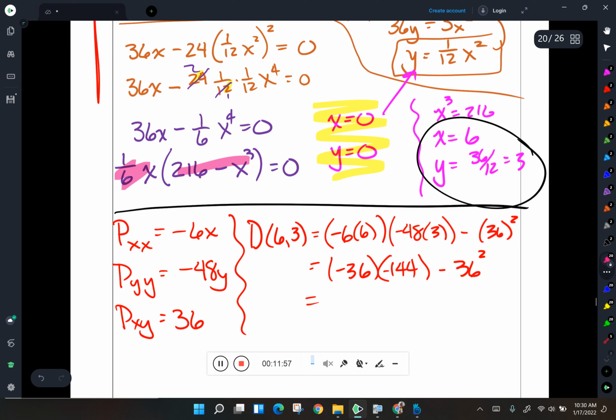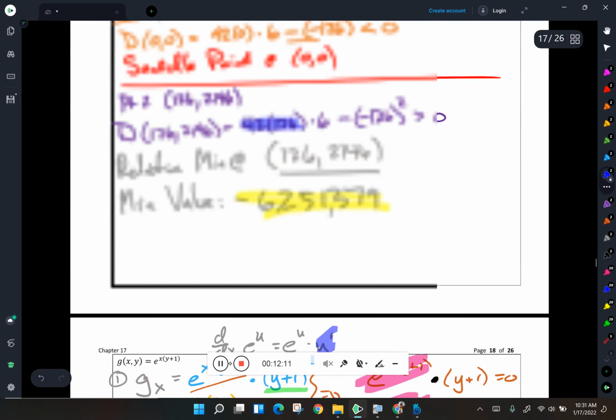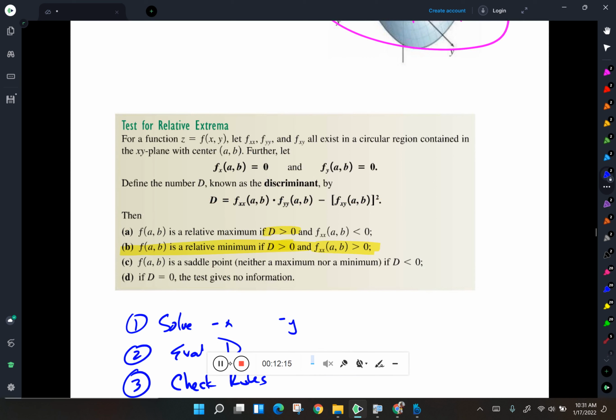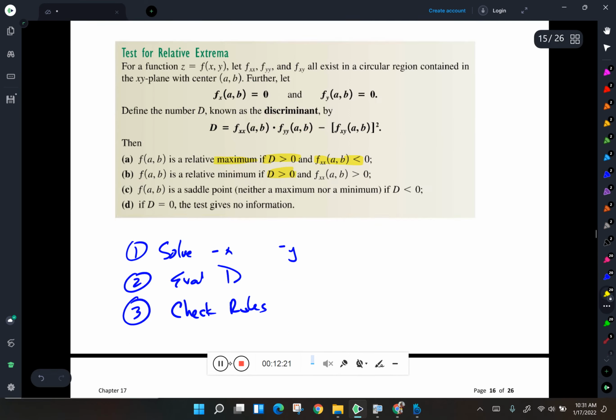Pretty sure that this is bigger than that, so this is going to be greater than 0, because that's all that matters. You can check or calculate if you want. So greater than 0, but p xx was negative. So let's go back and look at our rules. The discriminant is greater than 0, but the second partial xx is negative. That means we found a maximum.